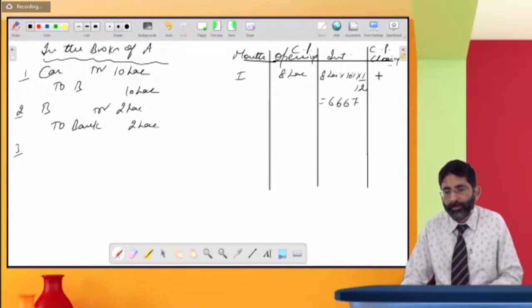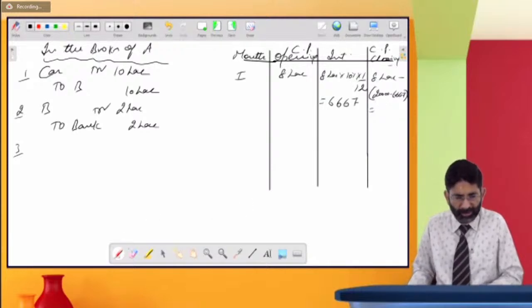So 8 lakh minus, we have to pay 20,000 minus 6667. So this is closing cash price. It will be tough to some extent, right? Just wait.